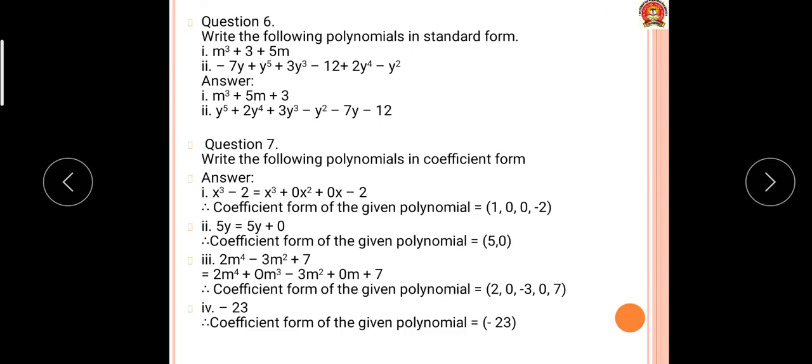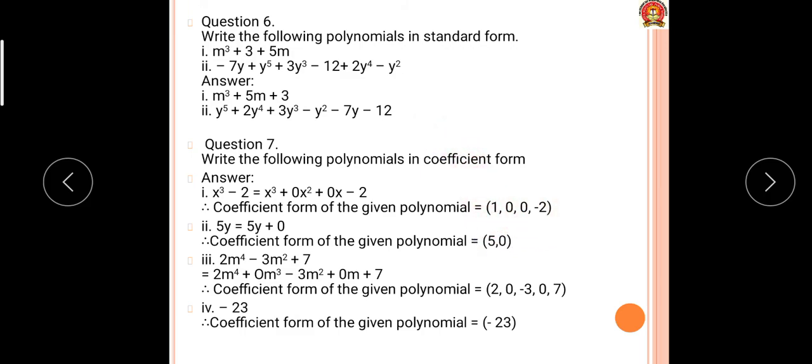Write the following polynomials in coefficient form. First write in the index form, then write the coefficient form. So you will get x cube. Now in between, how many terms are not there? All of you know how to find the coefficient, how many terms we require in the coefficient. Highest power is 3, means there are a total of 4 coefficients.